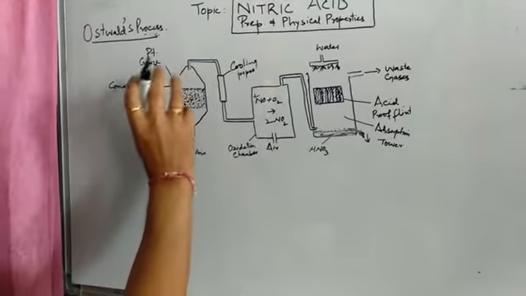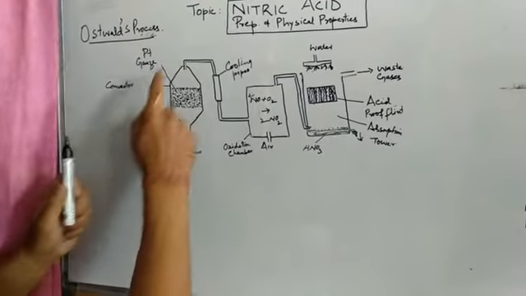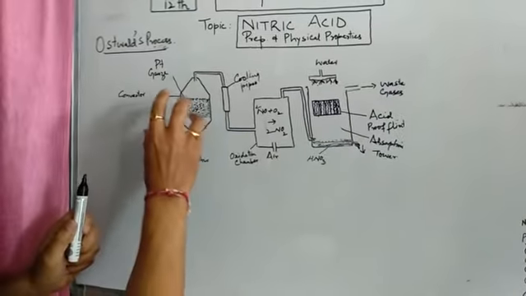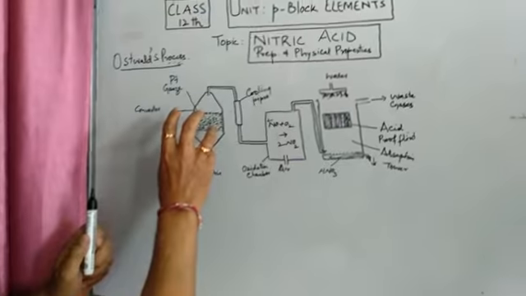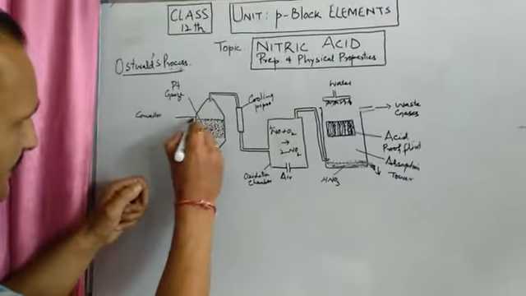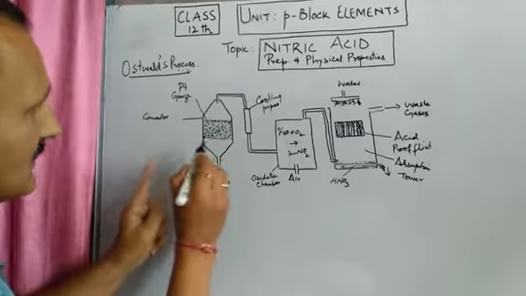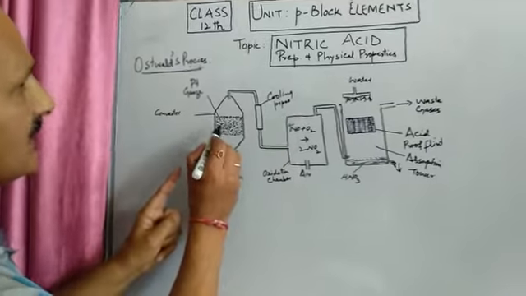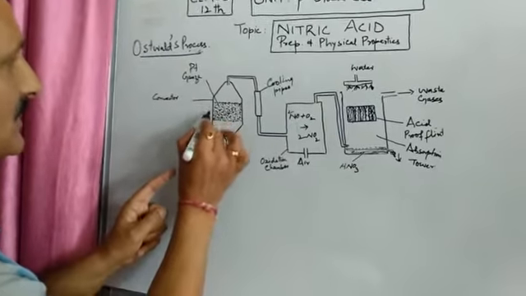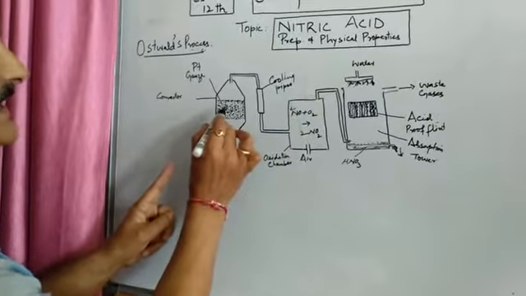For example, this chamber, this is known as converter, and this converter is made up of steel. This is the steel body of this converter. Then it has platinum. This is platinum gauze, which will be acting as a catalyst here.